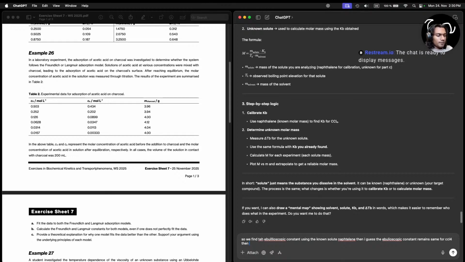Then we plot the graph with molar mass of solvent.